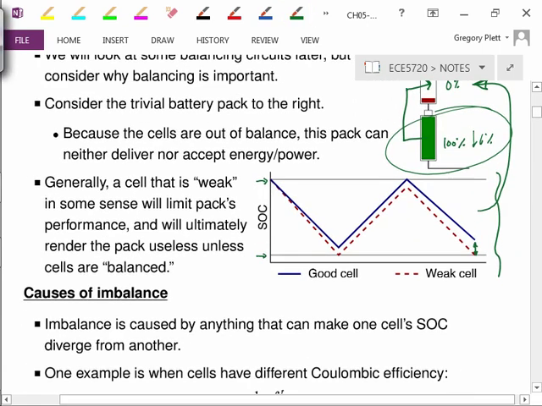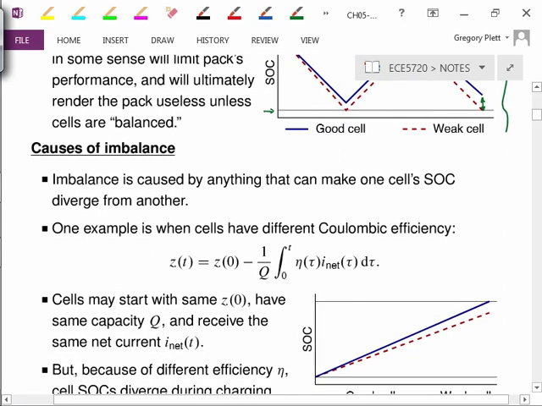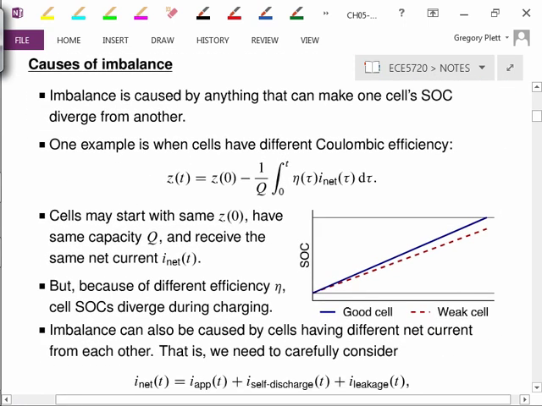Let's look a little bit at why a battery pack might become imbalanced in terms of quantities that we're already familiar with. And we'll think of imbalance in terms of state of charge of the cells being different from one another. So one example is when cells have different coulombic efficiency. Let's look at this equation here.